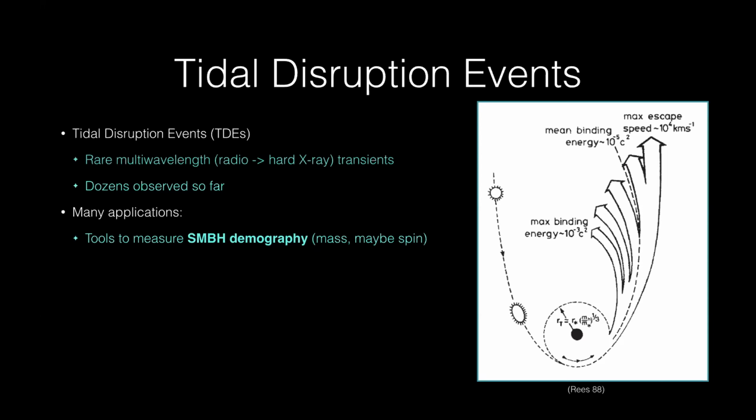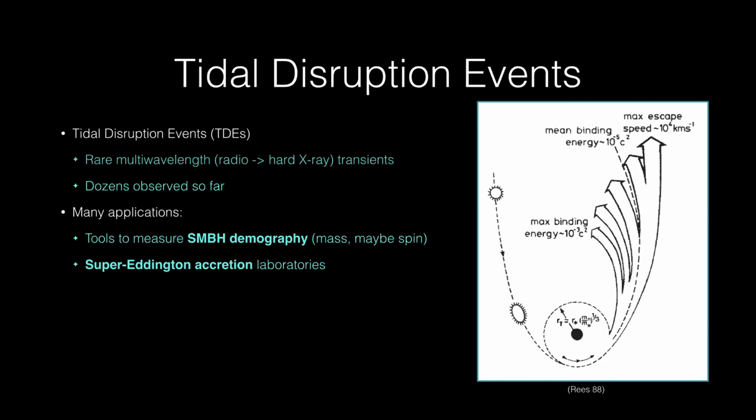But every supermassive black hole will eventually tidally disrupt a star that comes close enough to it, and the accretion luminosity from that tidal disruption event lights up the quiescent galactic nucleus and gives us a way to measure or constrain the properties of the black hole responsible for the disruption.